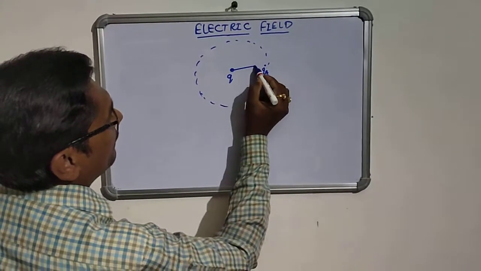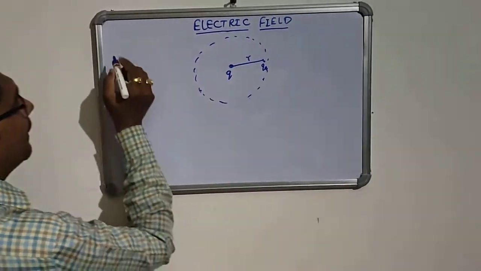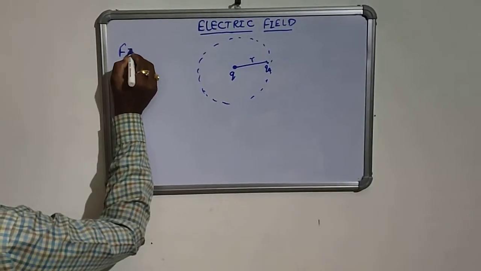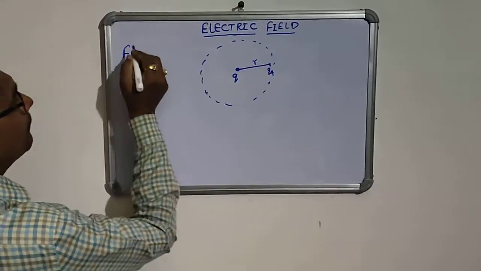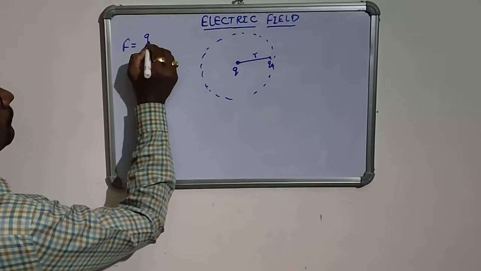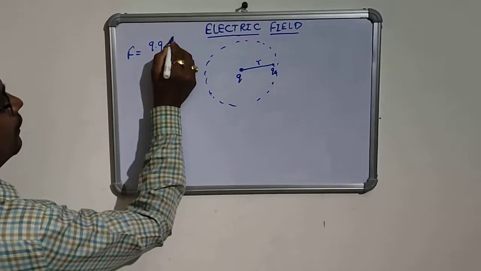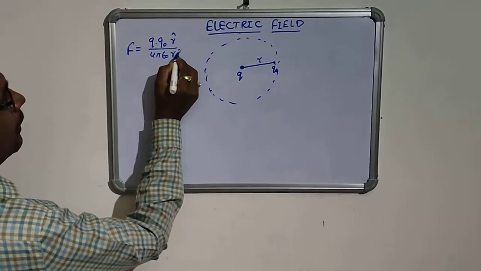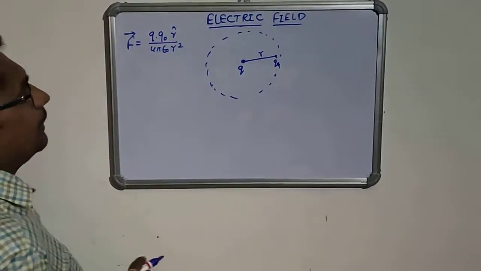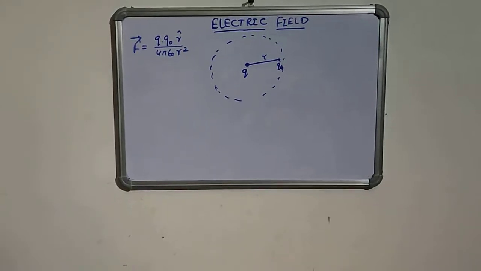Suppose the separation between them is R. Then the force applied by the source charge on the test charge is F equals Q Q naught R cap upon 4 pi epsilon naught R square. It is the vector form of force.